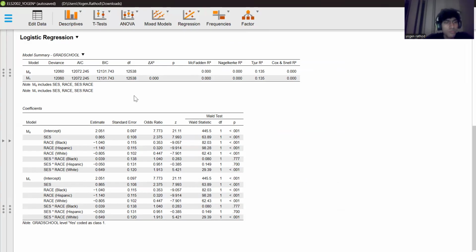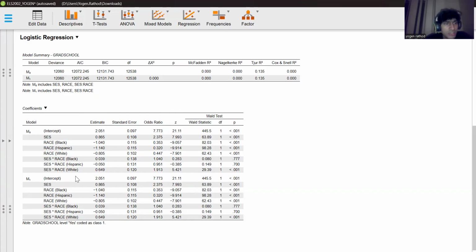For the main effects, both SCS and race are significant individual predictors with p-value less than 0.001. For example, higher SCS generally increases the odds of attendance. For the interaction, the key finding we got was that the interaction term was specifically significant for the white students.